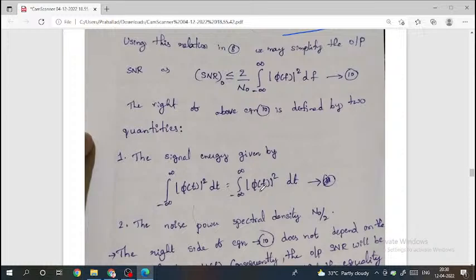This is from the Rayleigh's theorem. You have to note down there from Rayleigh's energy theorem.